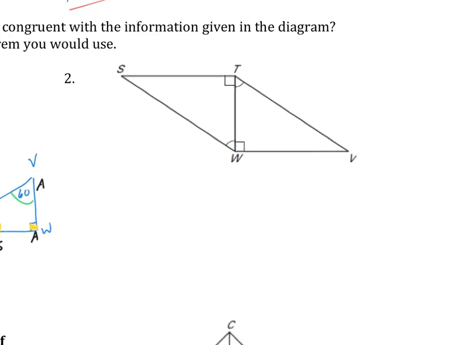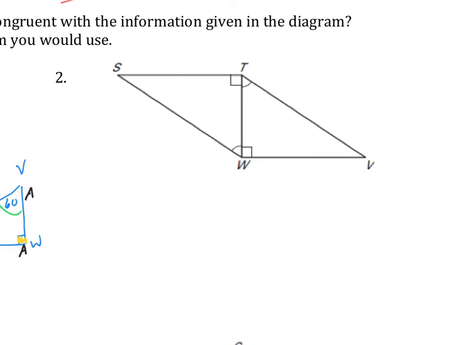Okay, and number 2, same thing, let's check. Now notice that these two, we have a right angle. So we got angle, angle. We have another angle. And now they're not like intertwined, but they are touching.